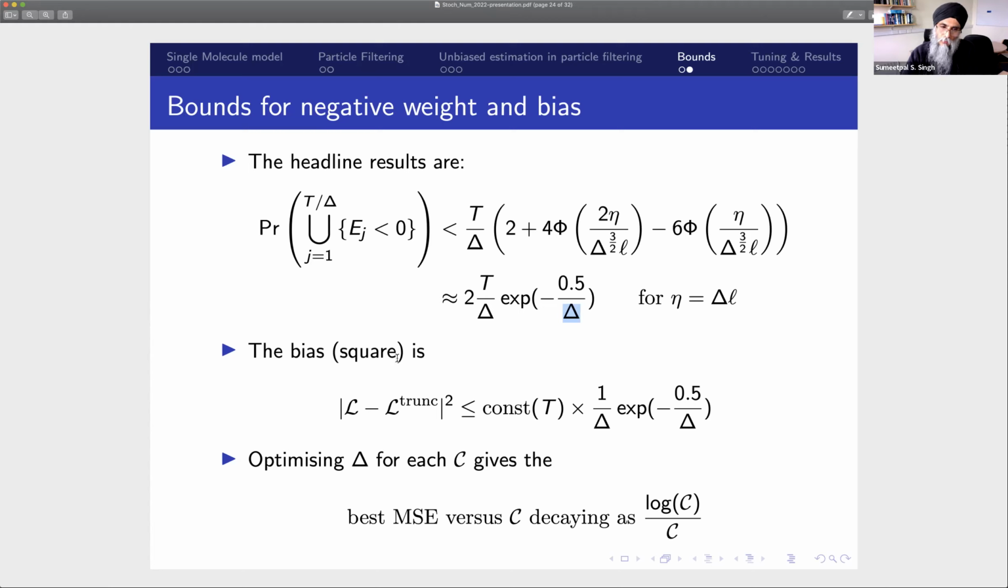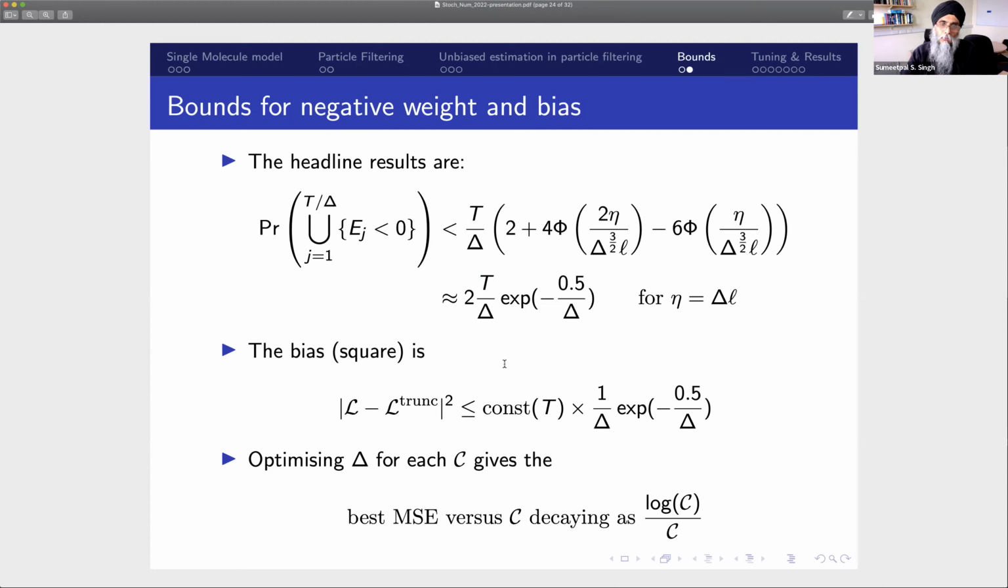Therefore, the bias of the approximation between L truncation and L, or rather the mean square error, is of the same order, exponential minus 1 over delta. This 1 over delta term doesn't cause us any grief because it's quickly subsumed by the exponential minus 1 over delta.